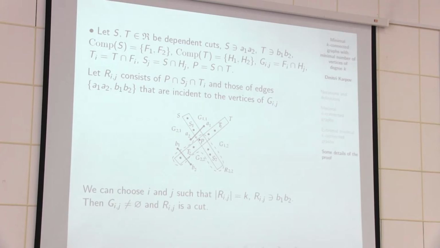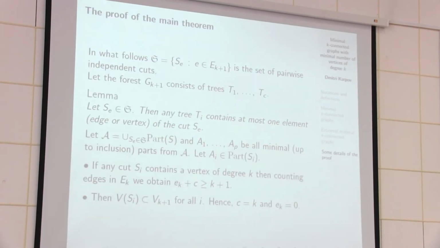So we can substitute one of these, the cut T, by a cut that is independent of S. After several such operations, we can finally reach our goal and have a pairwise independent set of cuts. No time.